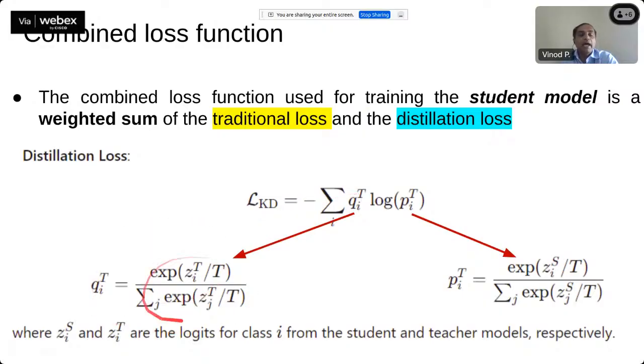The first part, as you can see here, is the softmax of the student model and the teacher model, and the softmax is divided by another constant, T, called the temperature constant, and this is done in order to further smooth out the probability.